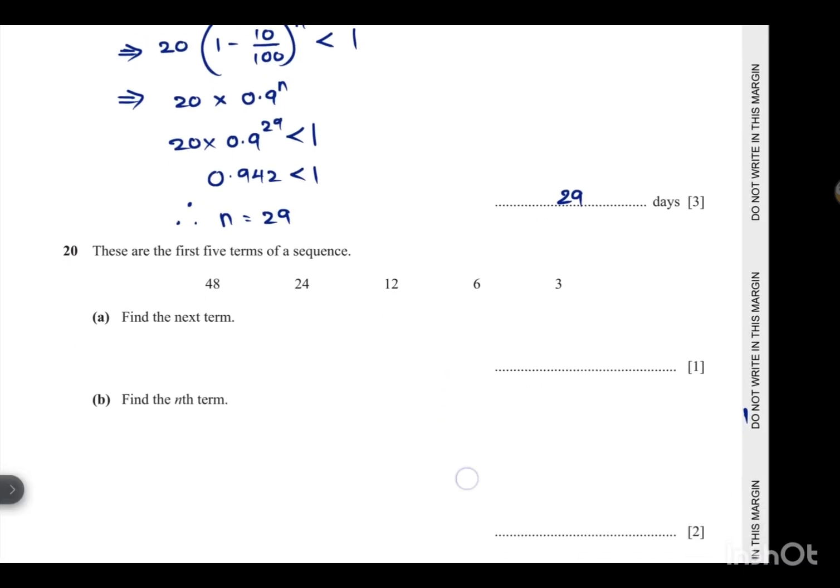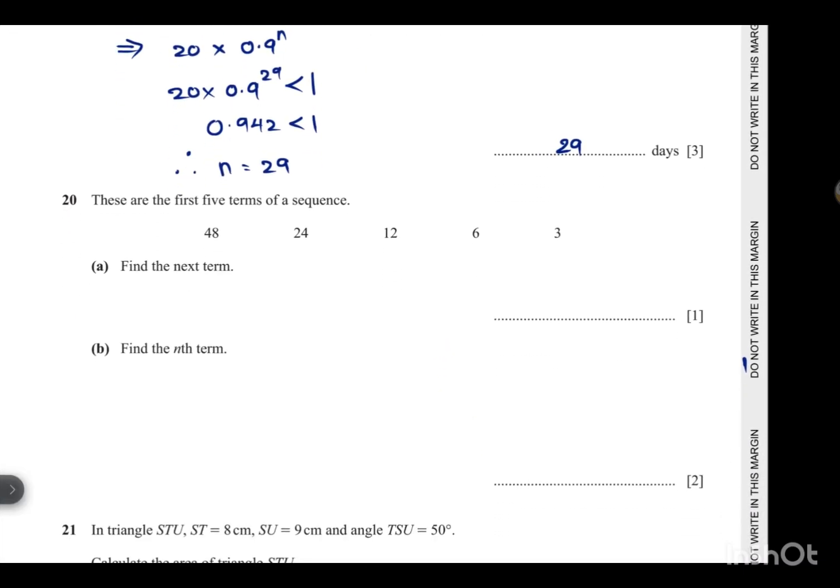Question number 20, sequence question. These are the first 5 terms of a sequence. Find the next term. Now the numbers are 48, 24, 12, 6, 3.